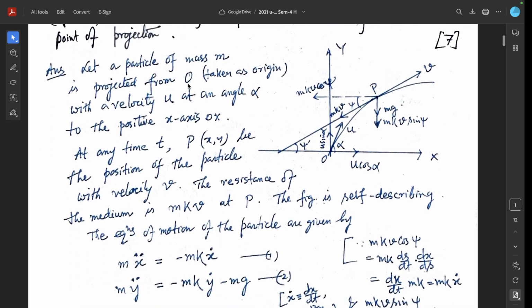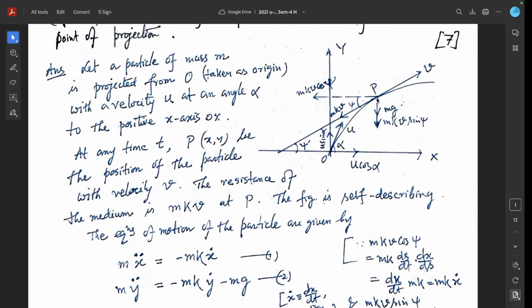Let a particle of mass m be projected from origin O with velocity u at an angle alpha with the horizon, the positive x-axis, in the anticlockwise sense. This is the initial component u cos alpha horizontal, and u sin alpha vertical, at t equal to 0.